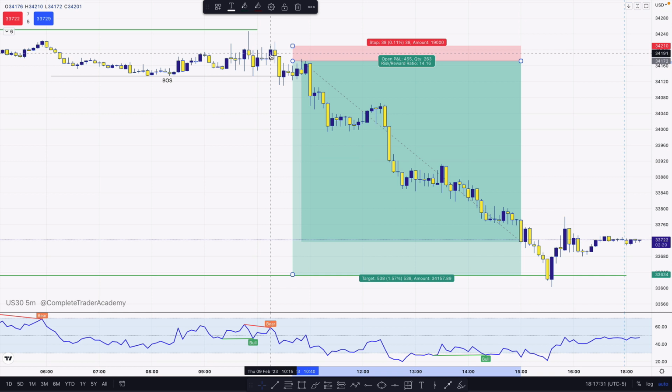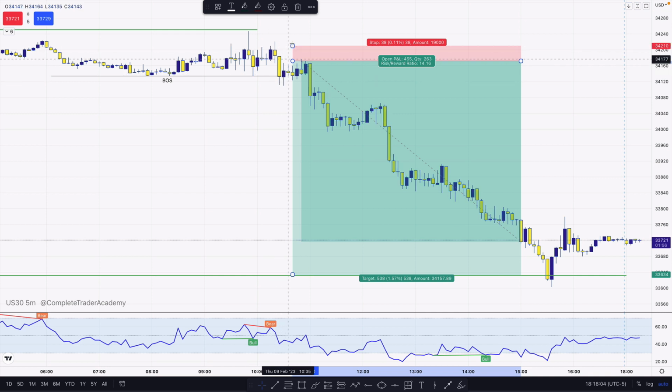The low is in the left corner, 34,172, and then the open is 34,176. Look at the high of this candle: 34,177. So you're talking about a point away from that open, and that's generally where my target is, and then my stop loss will always be above that candle of this demand block here.